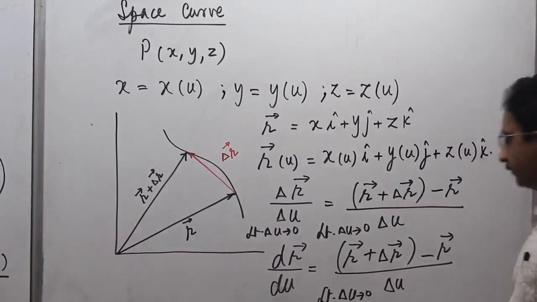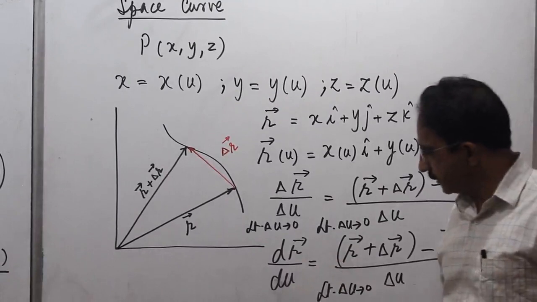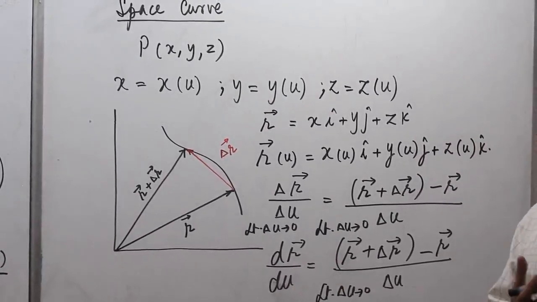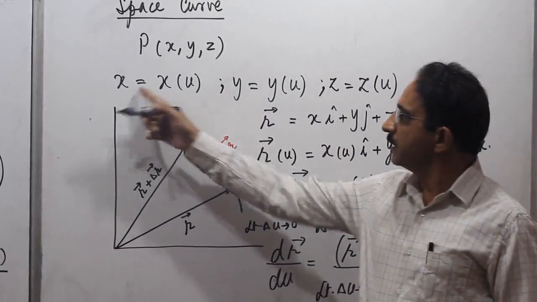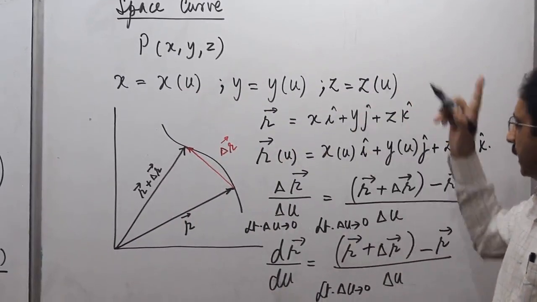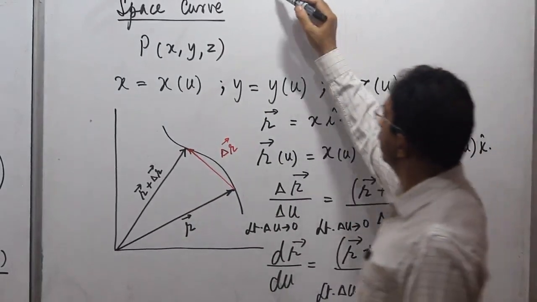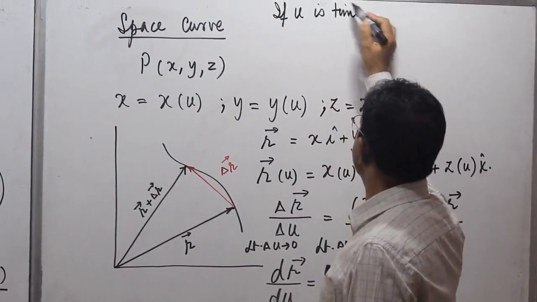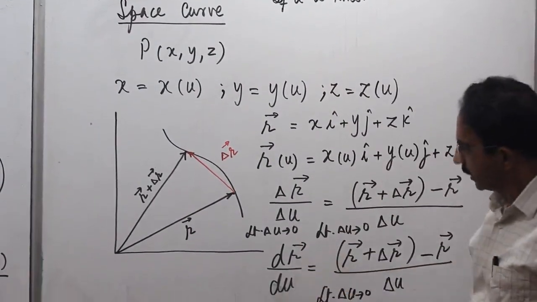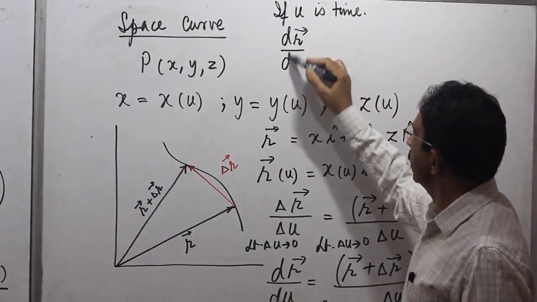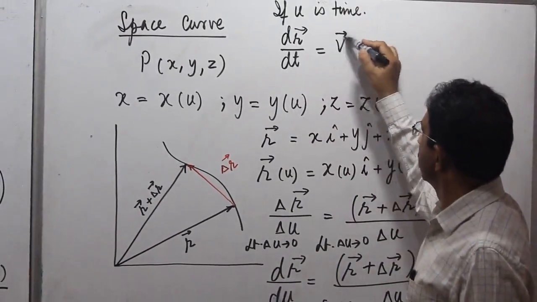Now if I replace this u with a time parameter, that means you are studying x as a function of time, y as a function of time, z as a function of time, then if u is time, you will agree with me that this ratio dr by dt in that case becomes velocity.